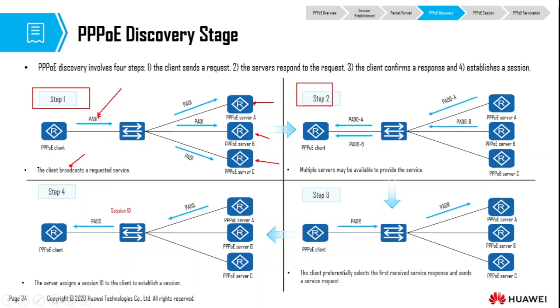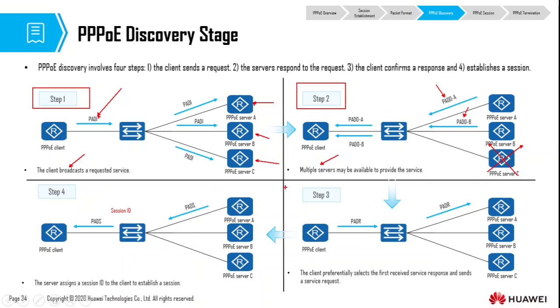Then on step number two, those that are available are going to reply with a PADO, PPPoE Active Discovery Offer packet. Now, multiple servers may be available to provide client services. In this particular example, you can see that this server is not available, and therefore it does not respond with a PADO.